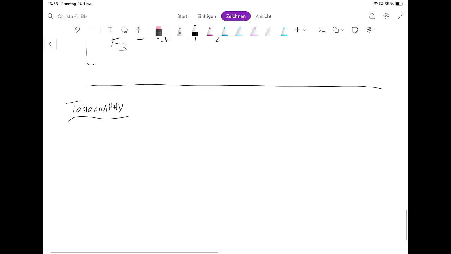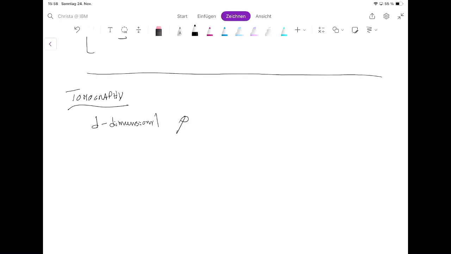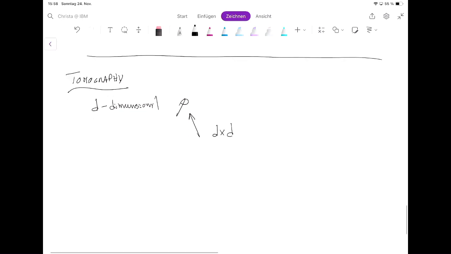And the way you do that, if you have a d-dimensional system, a d-dimensional quantum state, you know that this density matrix in general is a positive semi-definite d by d matrix. Okay, this is d squared minus 1 real numbers.